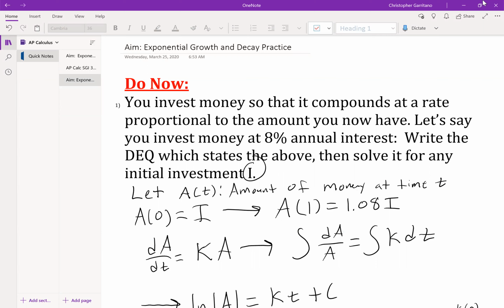So if A of 0 equals I, that means 1 year later, the investment will have grown by 8%, or in other words, the amount of money you will have in that account will be 1.08 times I. That's how we can use annual interest.